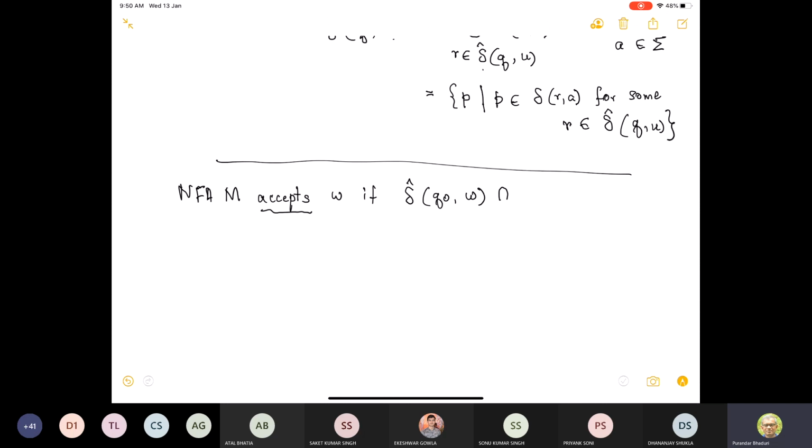So the way to write it mathematically is this.